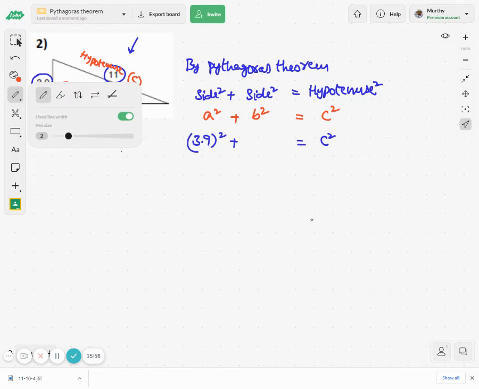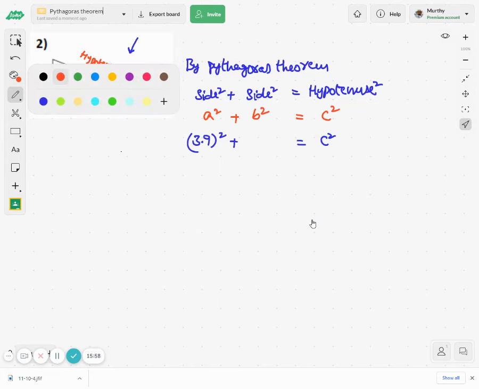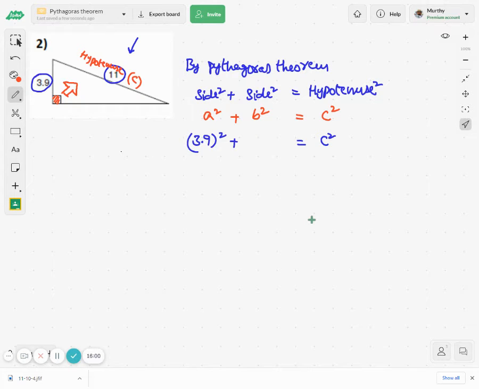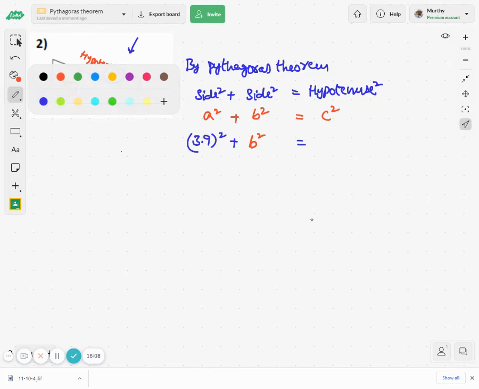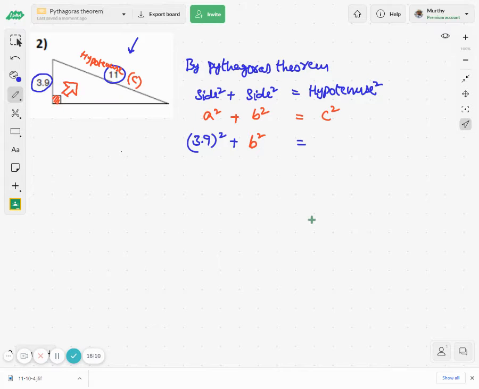So what I'm doing is, let me take b square here, and in the place of c square, let me plug in the value 11. Again, I'm repeating, when you plug in the values, you have to be really careful.